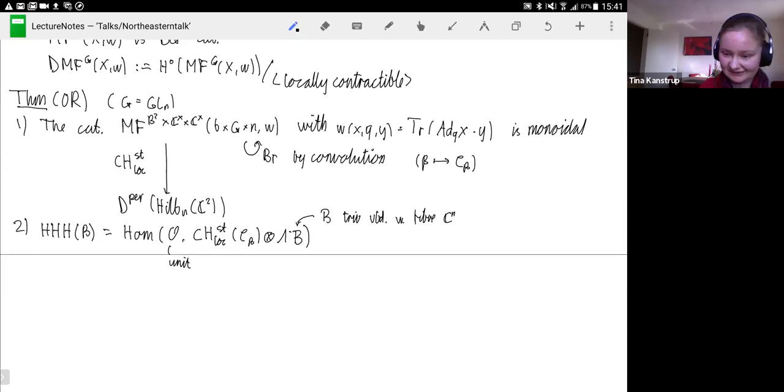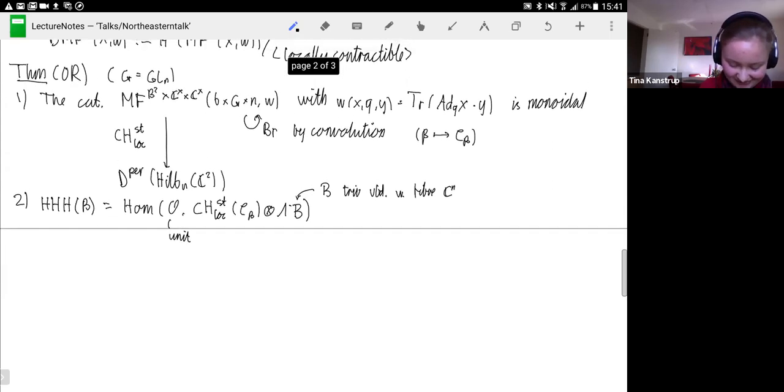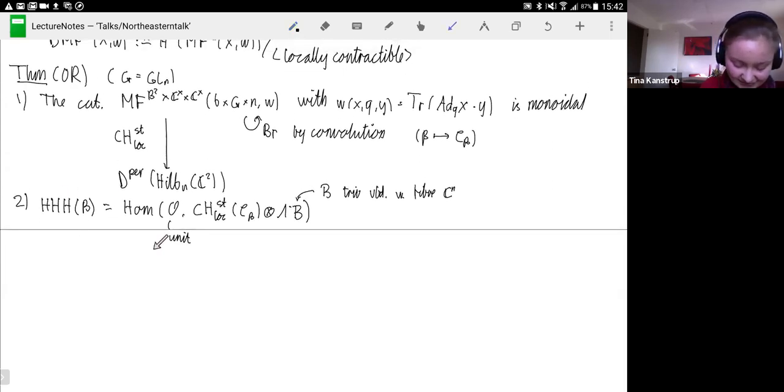All right. So this is an explicit definition, and this is an explicit computation showing that in fact their link invariant does agree with the triply graded one.